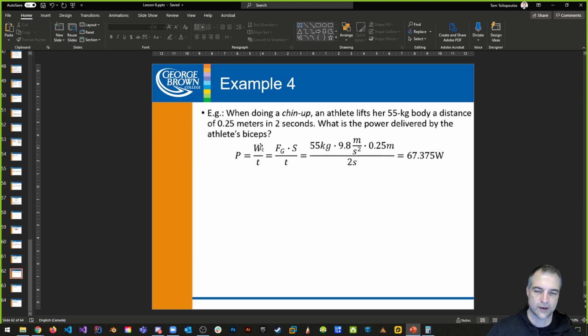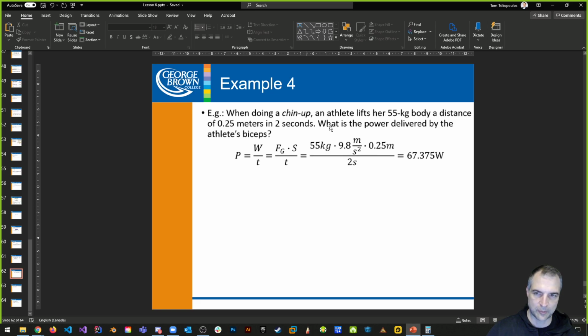Work can be broken down into force of gravity times displacement times cos theta. In this case, the angle is 0, a straight line up and down. We're not going side to side or at some weird angle.